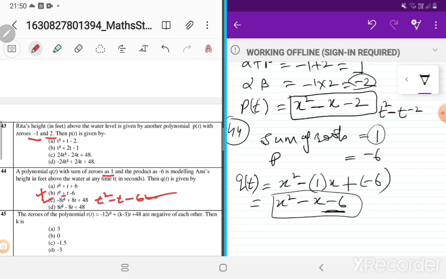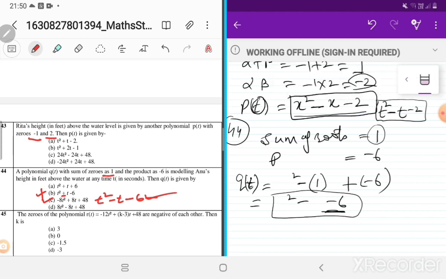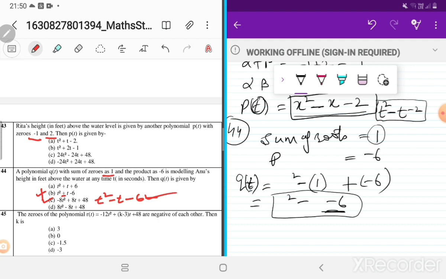If you are taking t, you have to write the full equation in t only. Otherwise it is not wrong, but you have to follow this: if t is there, you have to write t. Okay.